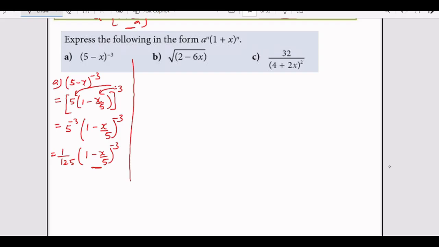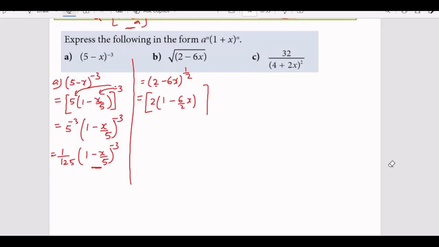Now let's see the next part. This can be written as 2 minus 6x and then the power is half. Again we will use the square bracket, taking out 2 from here, so inside I will have 1 minus 6 over 2 x, and the half is outside.